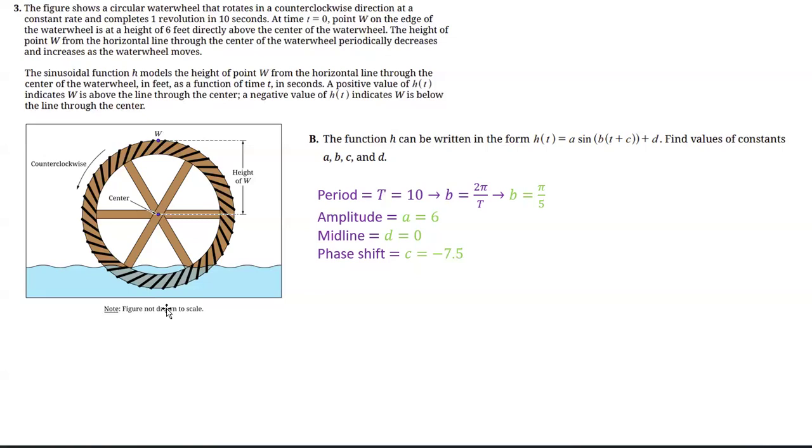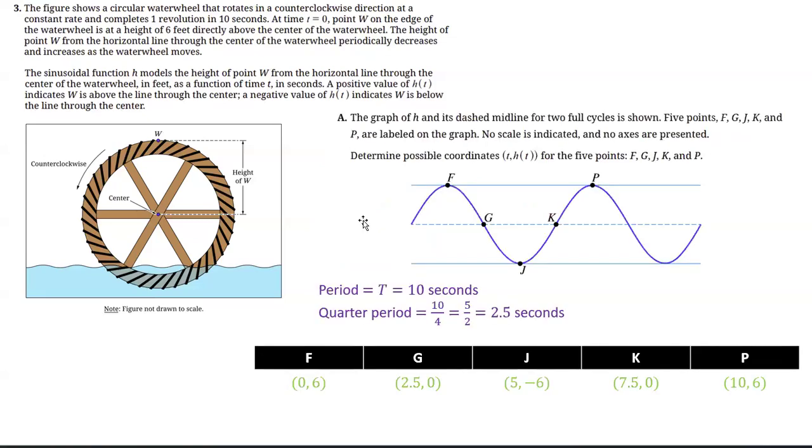Phase shift, okay? How do we do phase shift? So sine of t, just sine of t, it starts at which point at t equals 0? It's at K. At t equals 0, it's at the mid, and then as t increases, it moves to the max, okay? So we just need to shift it to K. 0 right now is here at F, but we just need to phase shift it by 7.5, okay?